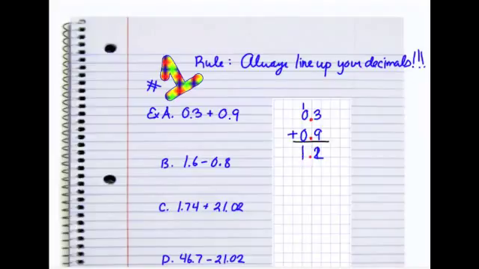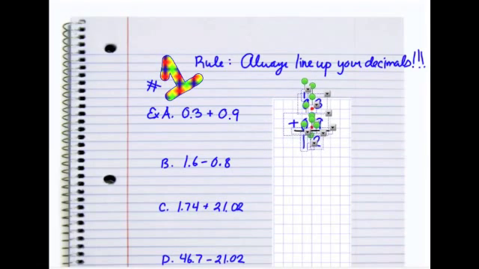My answer for this problem, though a little sloppy, is 1 and 2/10. I know that my decimal is in the correct place because I made sure that I had all the decimals lined up to begin with, so there was no place for an error whatsoever.